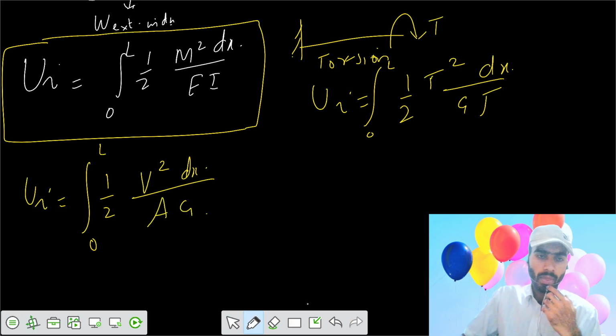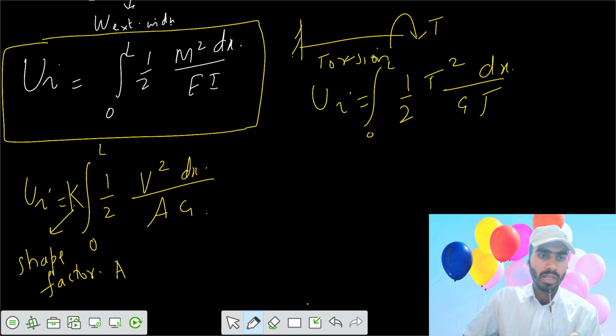And similarly, we have some factor also. It's a function of shape, so we call it a shape factor. It depends on the cross section of the material. Then we have shear, torsion, moment, and next the axial force.